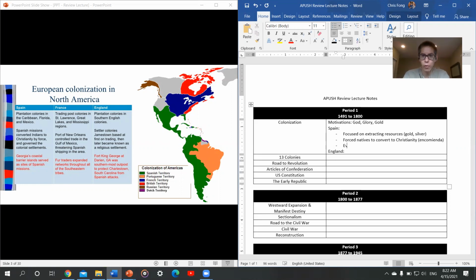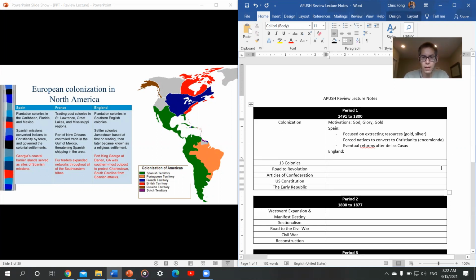But there were eventual reforms after Bartolomé de las Casas, who was a monk essentially who wrote some criticisms of Spanish colonization. But Spain also, again, because they're focused on extracting resources, they don't have many permanent colonies.